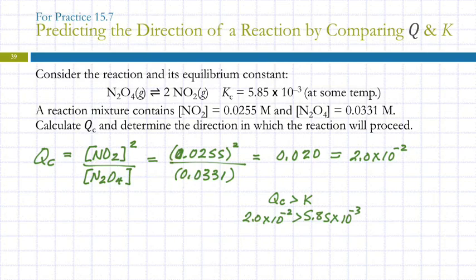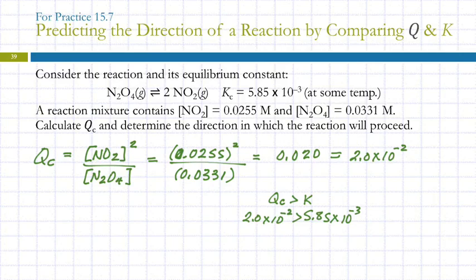I don't know about you, but I have a hard time with the whole, this is greater than, it goes this way, this is less than, it goes that way. I mean, it's just two things, and how do you put them together? So I prefer to just stop and think about it. So I've got QC as this thing, right? And it's too big. That means it's going to become smaller.